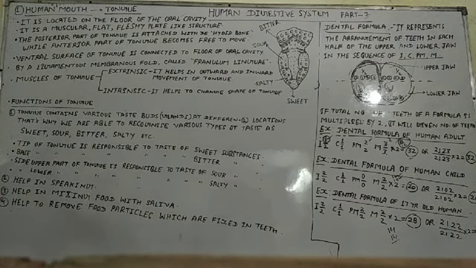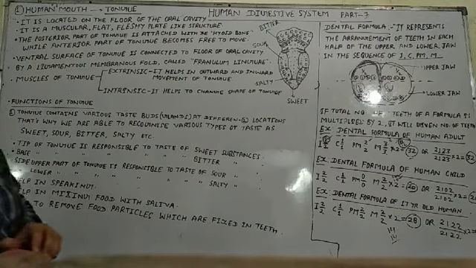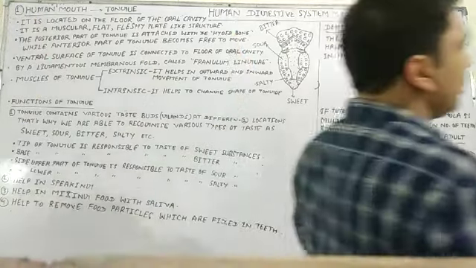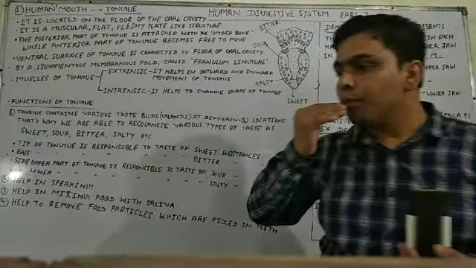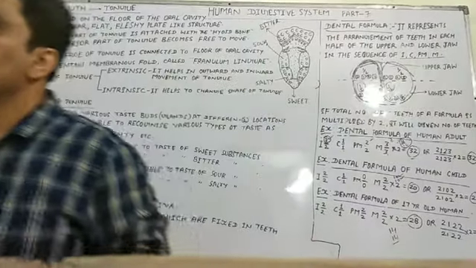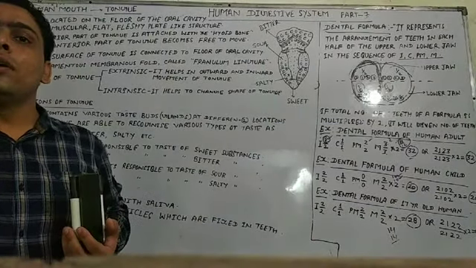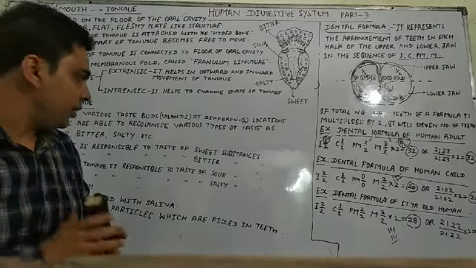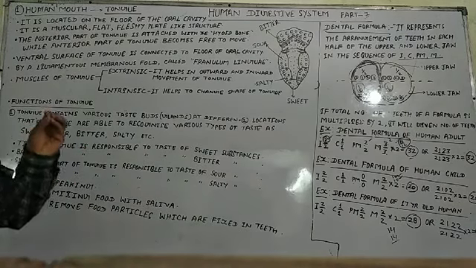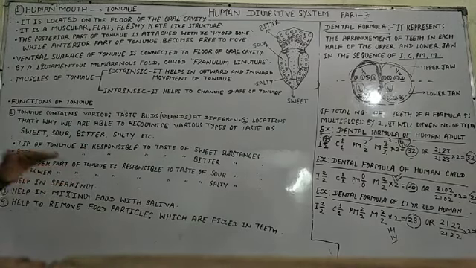Second function is help in speaking. You know very well that when we move our tongue and touch the upper palate, especially the soft palate, then we produce something, and then we are able to speak.